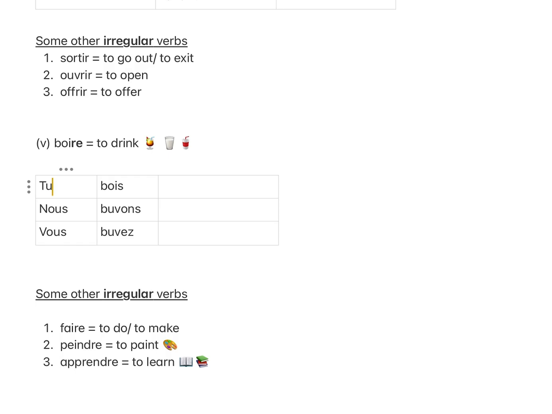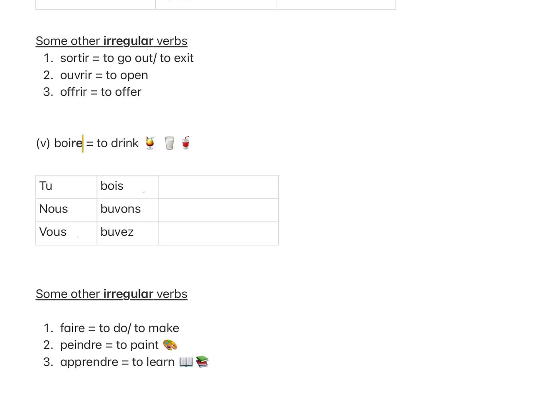We take the tu, nous, and vous form of the verb boire. That is, we take the subject pronouns tu, nous, and vous. We conjugate the verb boire according to the subject pronouns.